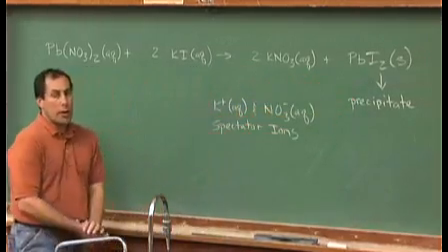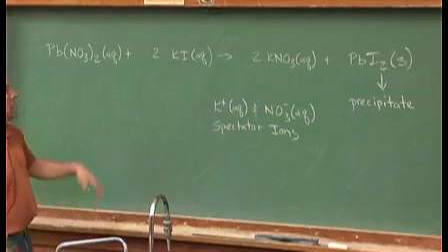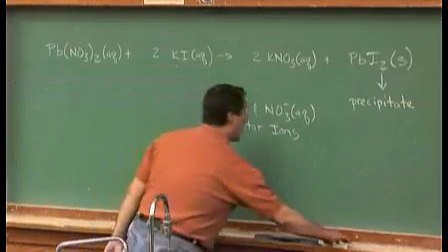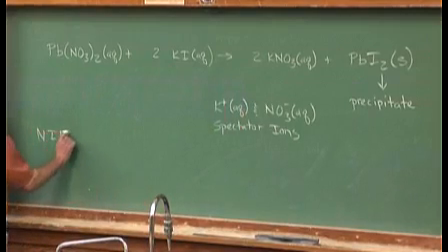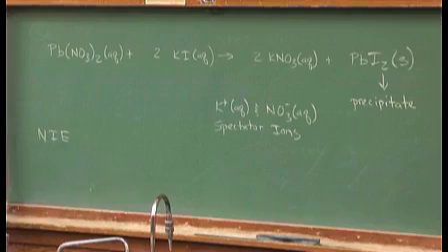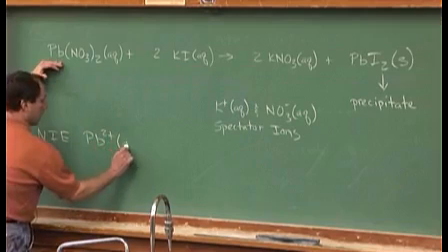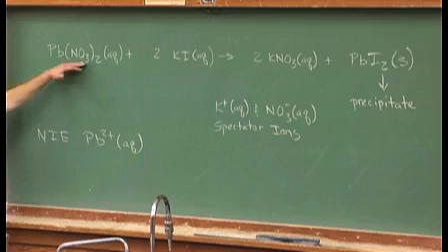Our net ionic equation, meaning do not include the spectator ions, does not involve nitrate or potassium plus. So the net ionic equation, or NIE, contains lead 2 plus. Lead 2 plus is aqueous at the beginning because it was combined with the nitrate.